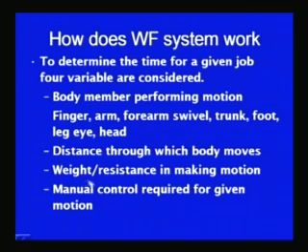The resistance in terms of the weight or any other term like the force required for performing the motion is also taken into account, and the kind of precision required or the difficulty in performing a particular motion is also taken into account, and the job is analyzed in terms of these 4 factors, and the time values are obtained accordingly.